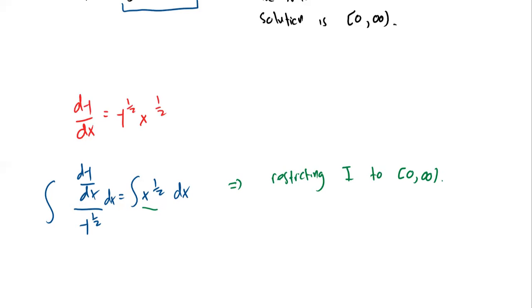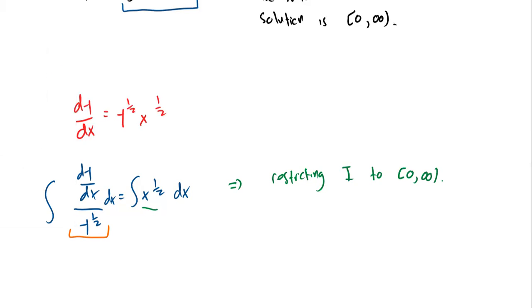Now, notice that something happens on the left-hand side. We are dividing by y to the 1/2. So in a sense, this is also restricting not the domain of our solution, but the y values of our solutions, basically the range of our functions. I'm dividing by y to the 1/2, and that's telling me that y has to be greater than 0.